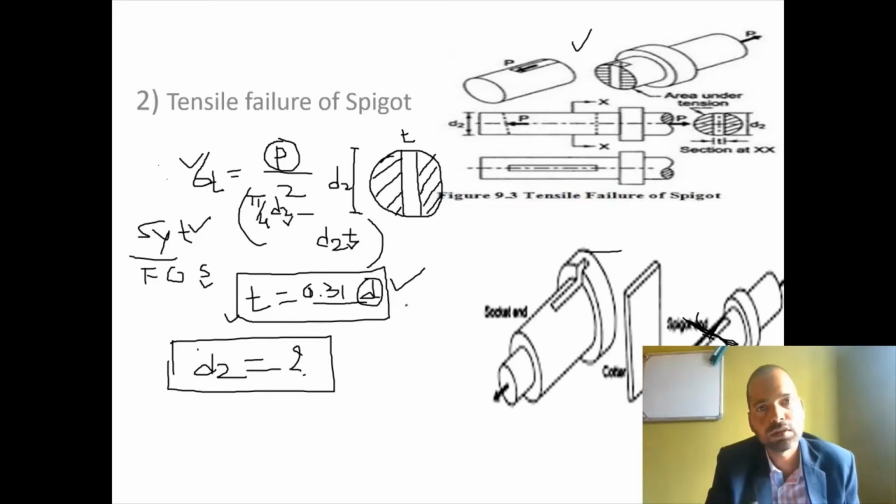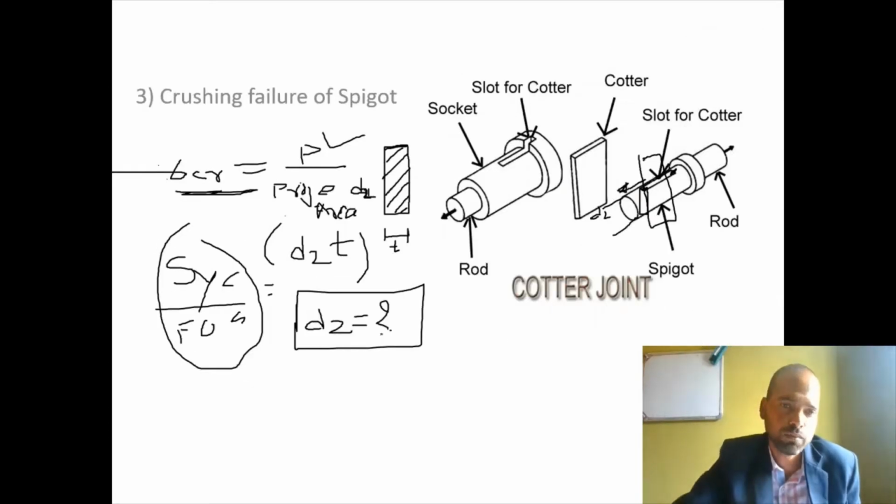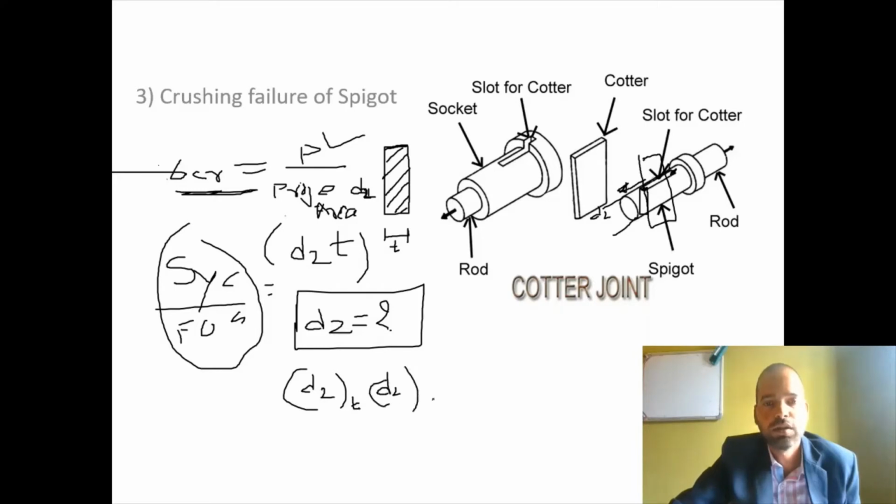Hence we have to find the dimension for both cases, and whichever dimension is more out of the two, D2 in the earlier case, that is for tensile failure, and D2 for crushing failure, whichever D2 is maximum, we will select as the final dimension for our design.